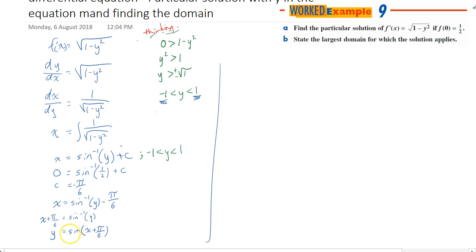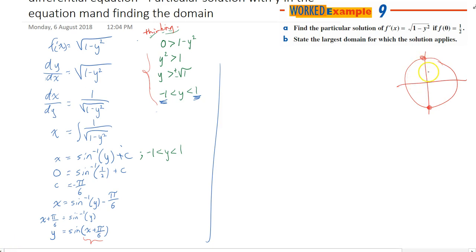Now, sine of x plus pi on 6, or sine of, I'm just going to make that like a something for now. Sine of anything has to be equal to something between -1 and 1, because that was our range that we stated earlier. So if you think of your unit circle, sine of an angle, because that bit's going to be an angle here, has to be between 1 and -1.